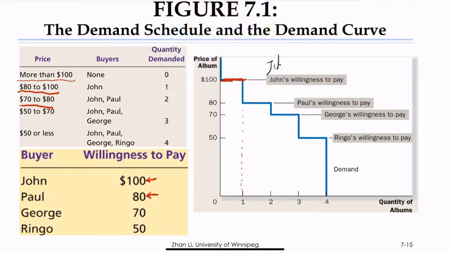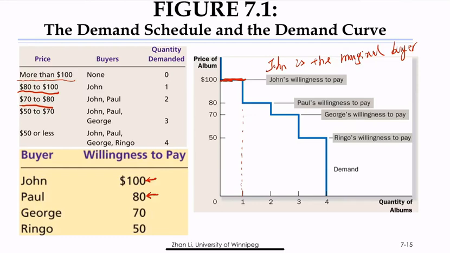So at a price of, let me use the red ink, so if price is 100, John is the marginal buyer. The definition of marginal buyer is as follows. If the price continues to rise, then the buyer will leave the market, right?